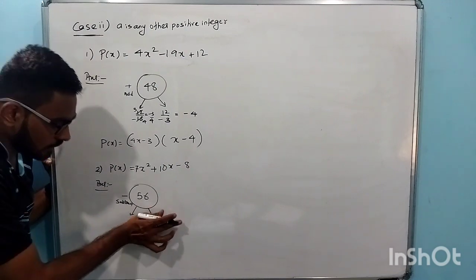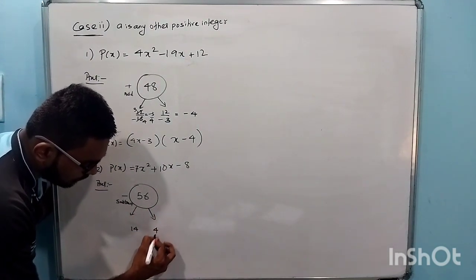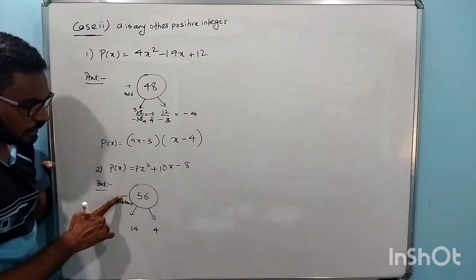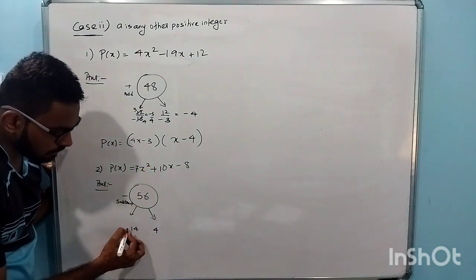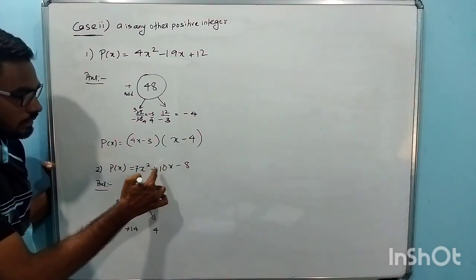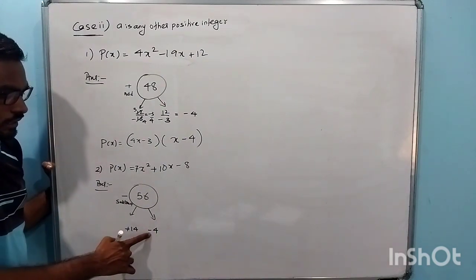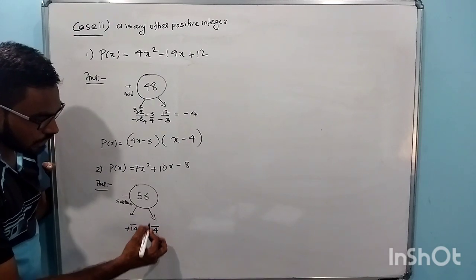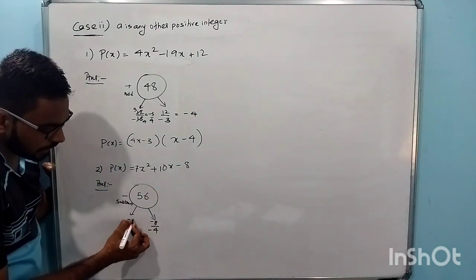Now after that, I'll just write this down here. 14 and 4. After that, just see the sign. This is minus, so this sign you should give to the bigger number, that is 14, and the opposite sign to the smaller number, that is minus 4. Then just write this minus 8 at the top, minus 8 minus 8.